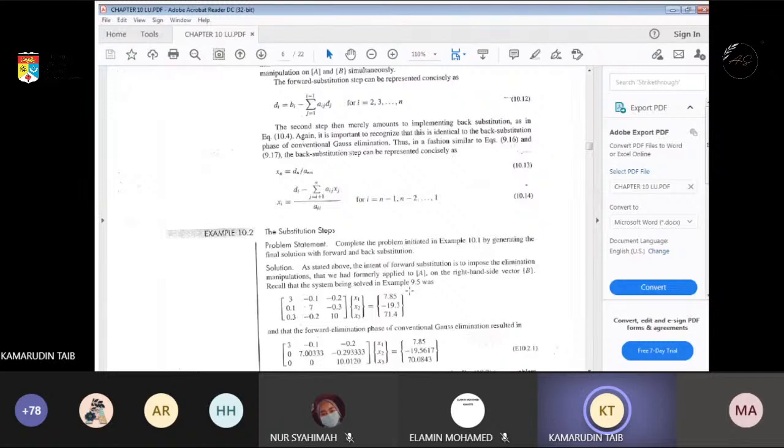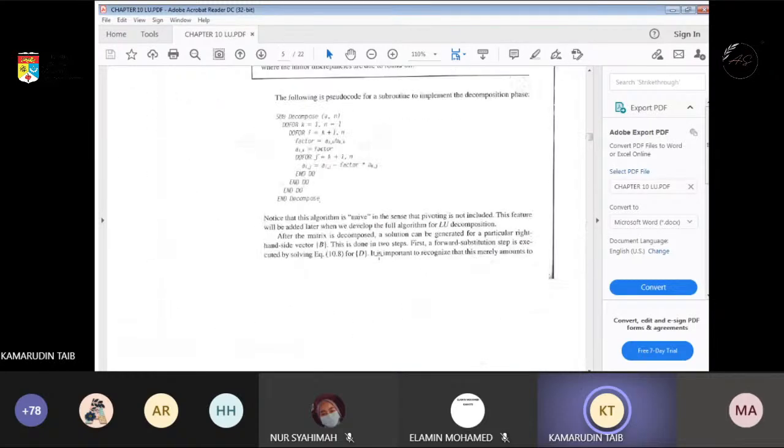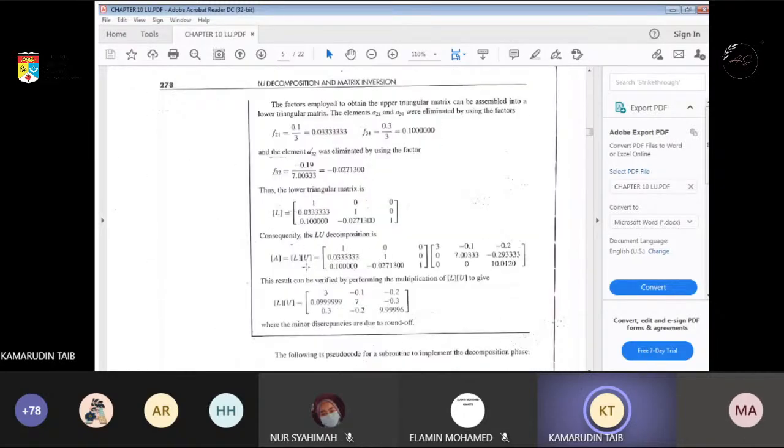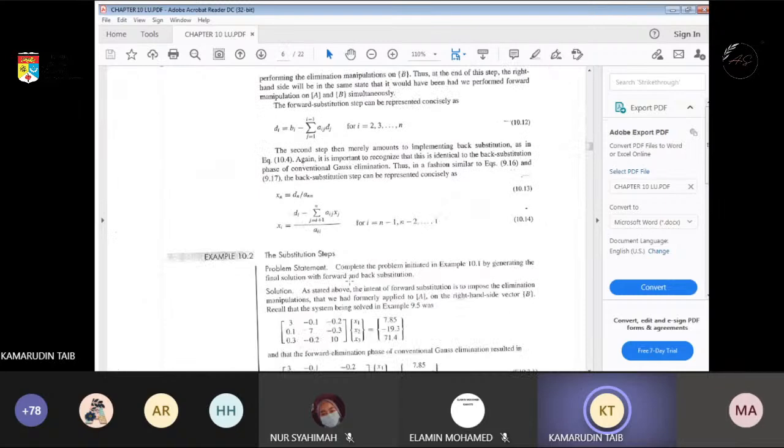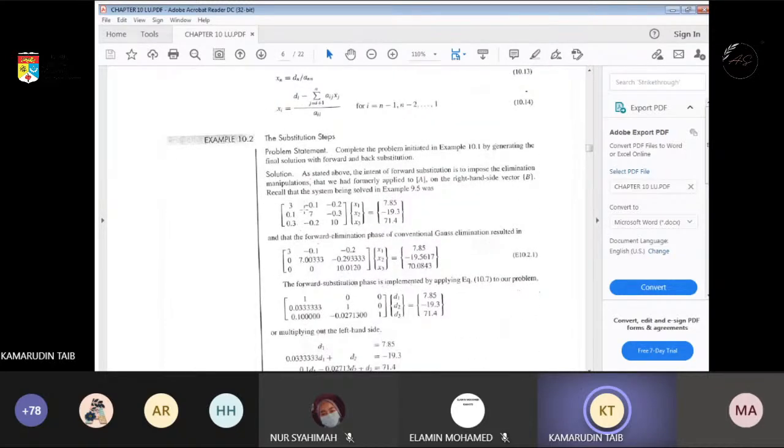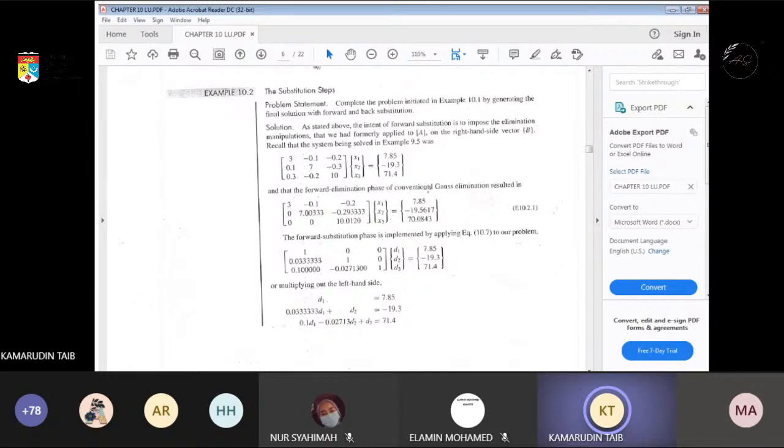Okay. As a continuation to that, we are going to continue with the LU decomposition that has been done on matrix A, now to solve the simultaneous equations. So this is the continuation of the calculation. This is matrix A times X equal B, and we use forward elimination using the conventional Gauss elimination method, and you get this matrix.